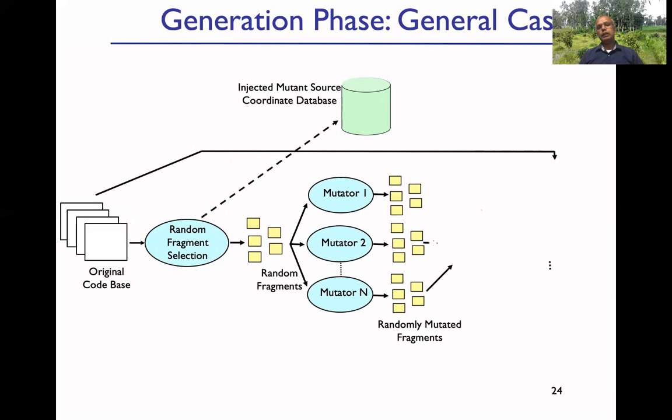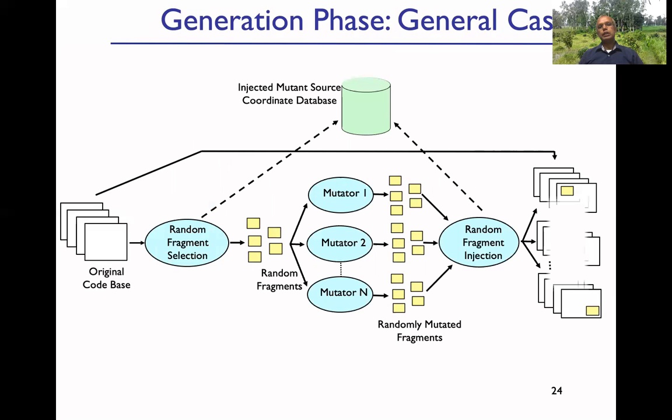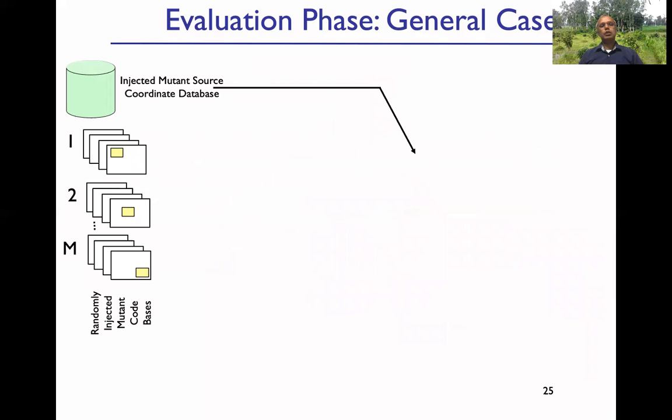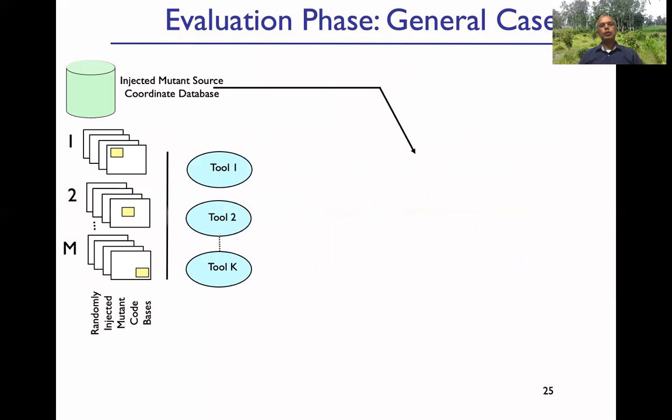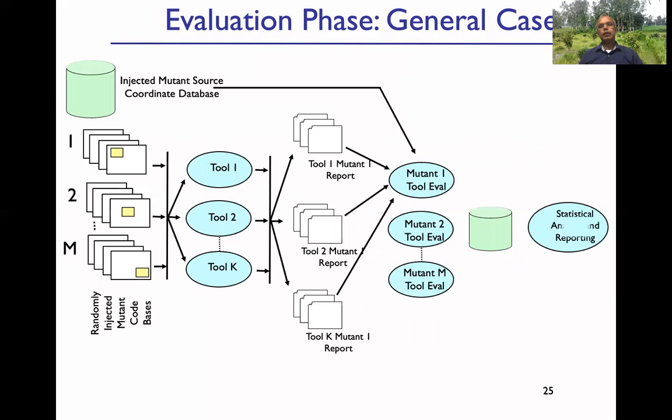Then we inject them into the original system, and we make thousands of revisions, thousands of mutants based on those mutated fragments. Now we use different clone detection tools and try to figure out whether those known injected clones can be detected. This process is completely automatic.